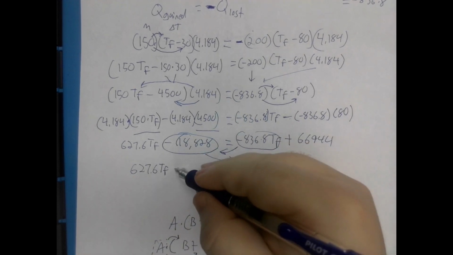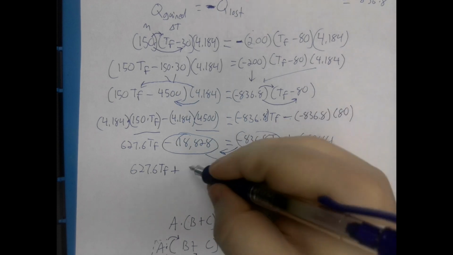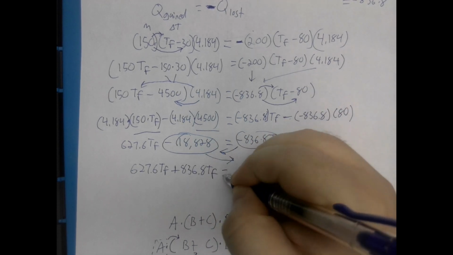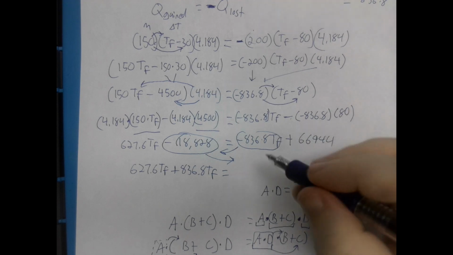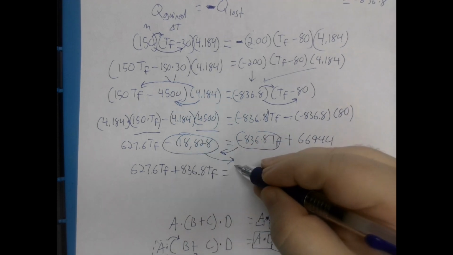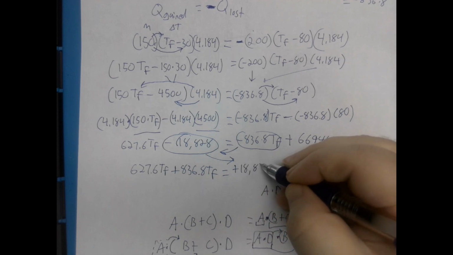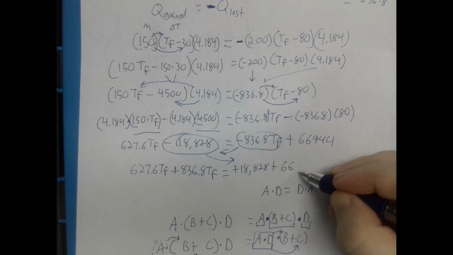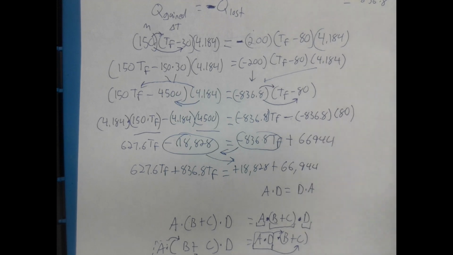When we move it over to the right or left, this becomes a plus instead of a negative. And moving this over, this minus becomes plus on the other side, so plus 18,828 plus 66,944.